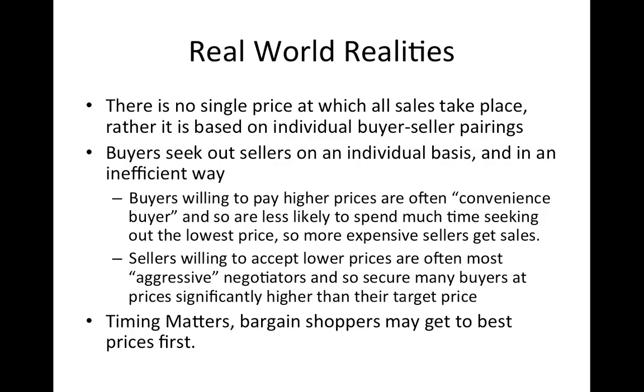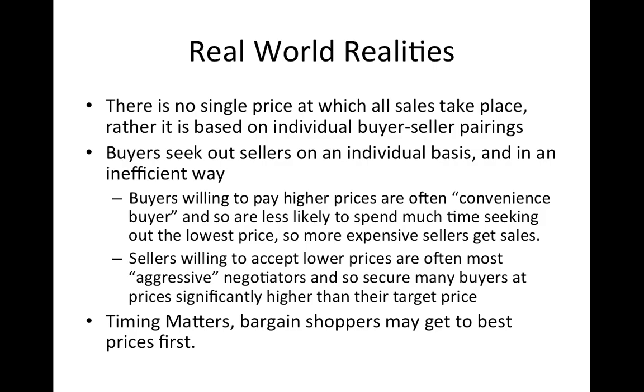For example, there are buyers that are willing to pay higher prices, and often those are what we would call convenience buyers. They're buying on the basis that I'm willing to pay a higher price to have no hassle getting my need filled. So the last thing they're going to do is go look for the lowest price. They're just looking for something that's less than what they need, and if they get it, boom, a sale is done. There are sellers that are willing to accept lower prices, but that doesn't mean that they only go after lower prices.